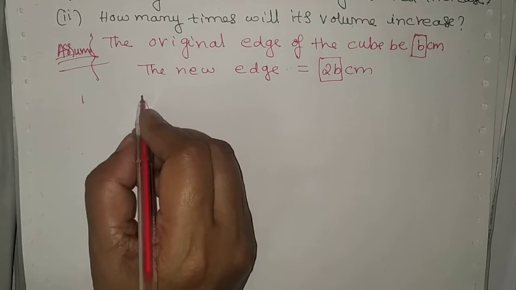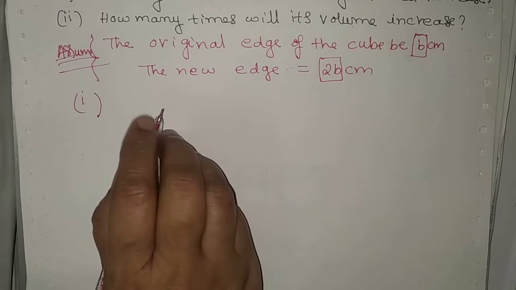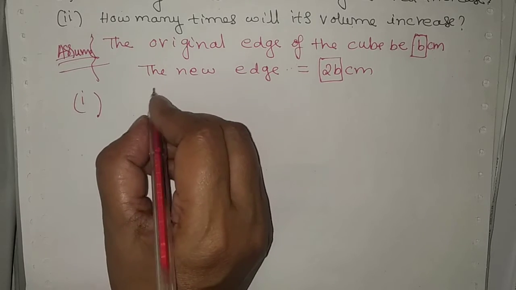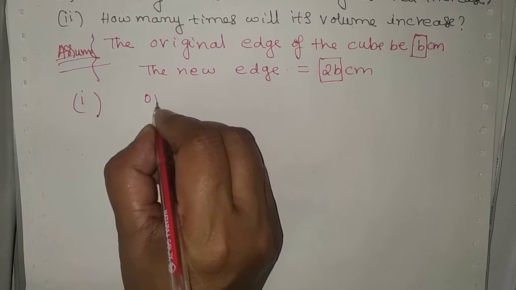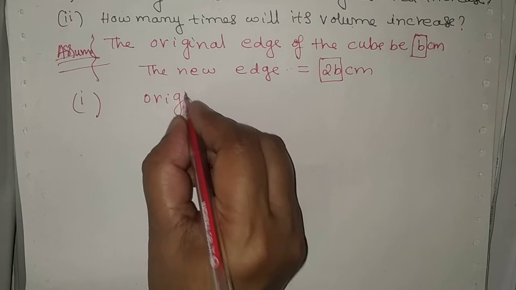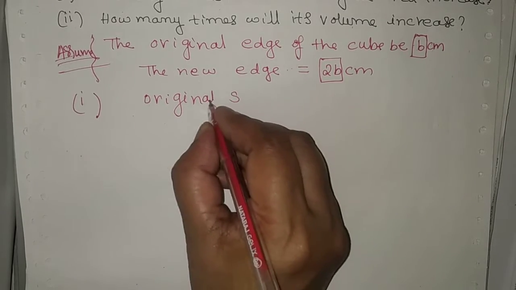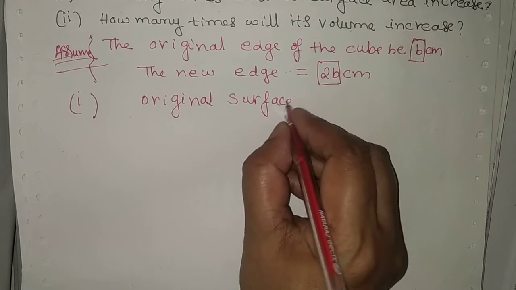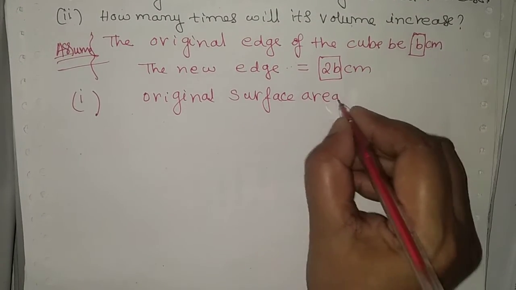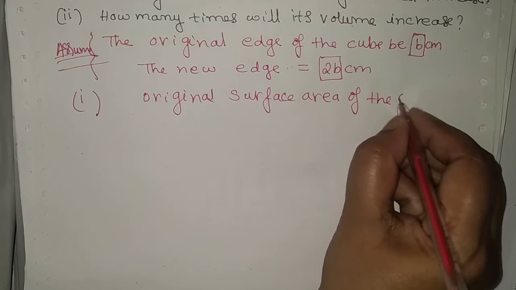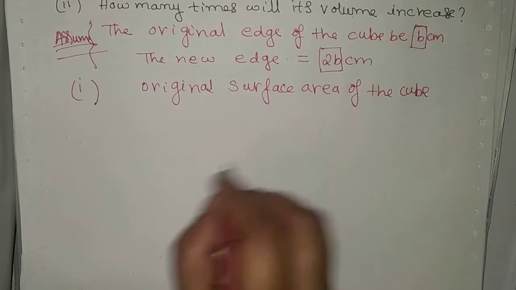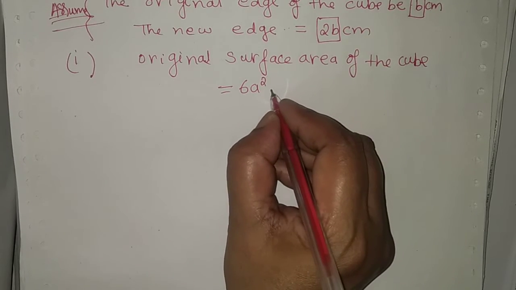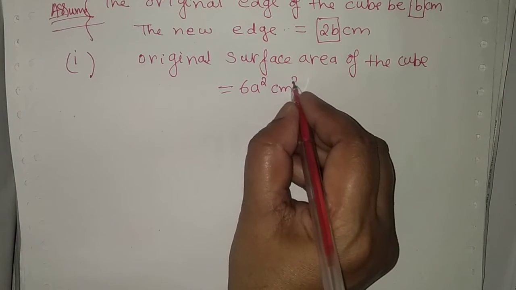After this, the first point is how many times its surface area will increase. For this, the original surface area of the cube, how much do we have to write? That is 6a square centimeter square.